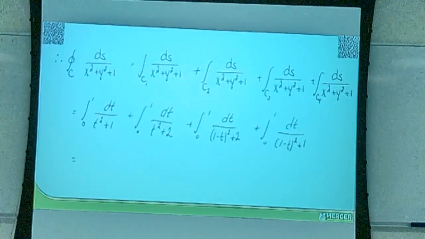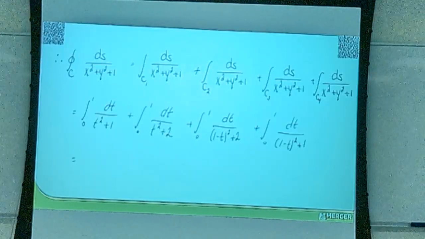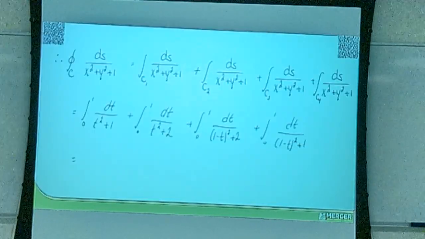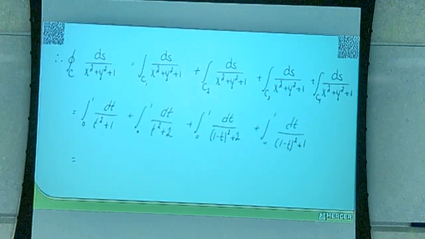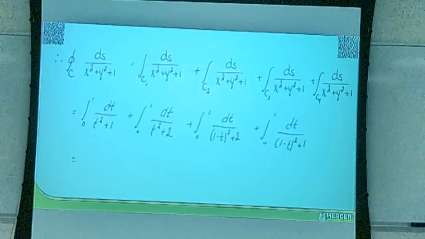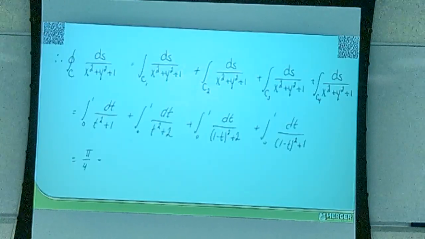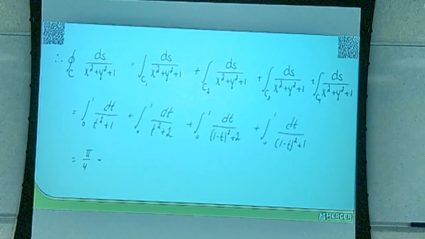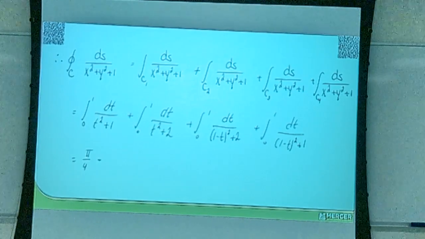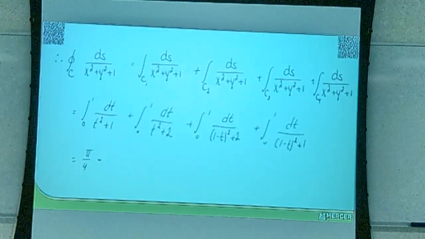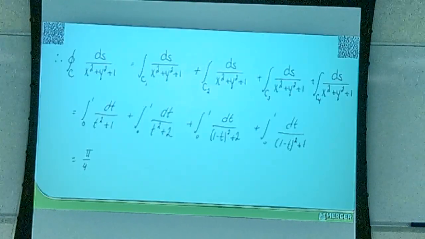This is the inverse tangent of t from 0 to 1. What's the inverse tangent of 1? Pi over 4. And then the inverse tangent of 0 is 0. So that first one just becomes pi over 4.